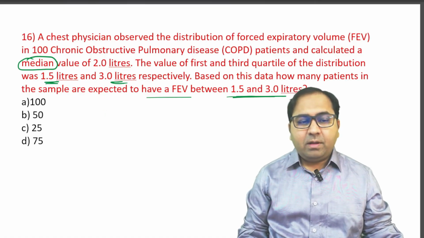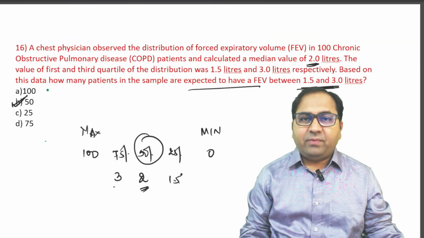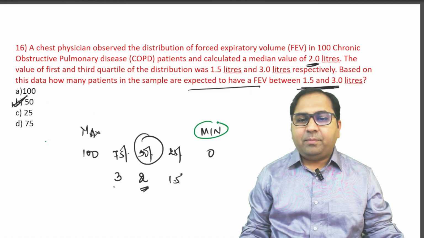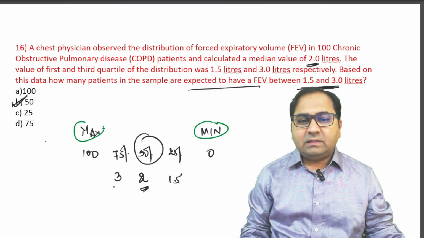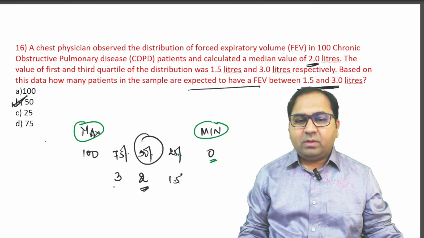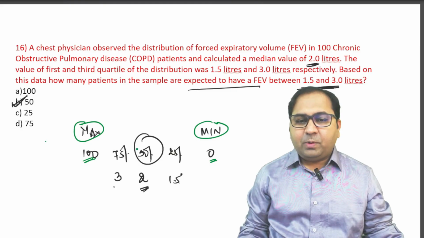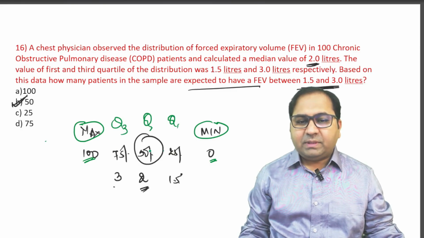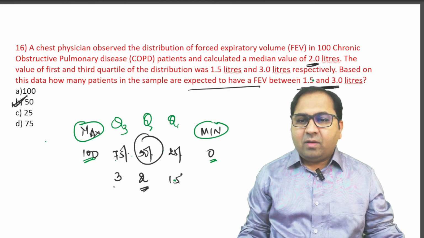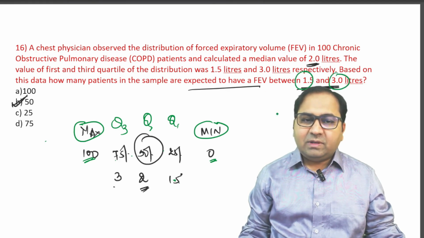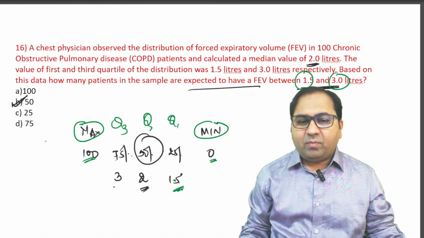Now see the answer over here. It is B, 50. Why? Let us take minimum as 0 and maximum as 100. You put all the values in Q1, Q2, Q3, like 25%, 50%, 75%. They have mentioned 1.5 liters and 3 liters themselves, so we have taken those.